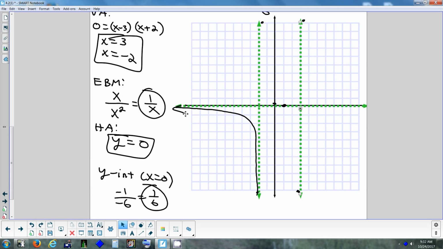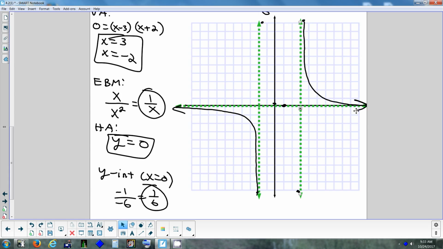Same thing in the upper right section. I've got a point right here, and I'm trapped in that area. But as x gets bigger and bigger, we already know in the behavior model it's approaching 0. So it's got to come down like that, just getting closer and closer.